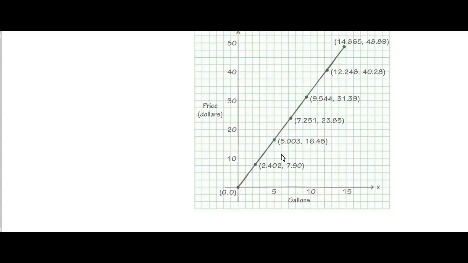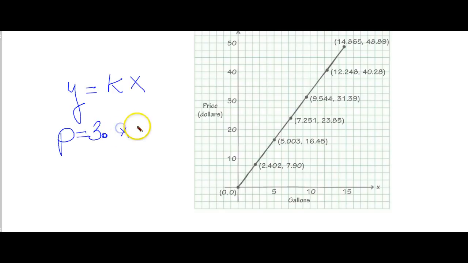That's why I wanted to show you this, because what is being shown here is a direct relationship. y equals kx. And this type of relationship produces a straight line, where y here is the price, k is the cost per gallon that we said was $3 and some cents.